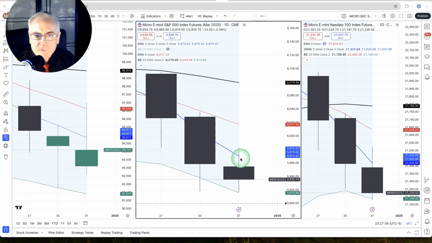And you could see the candle wick again pierced that. 9 EMA, not so much. But see, Bitcoin did do that. And then, of course, way up here, 6079 seems like miles away. That's the middle Bollinger Band.